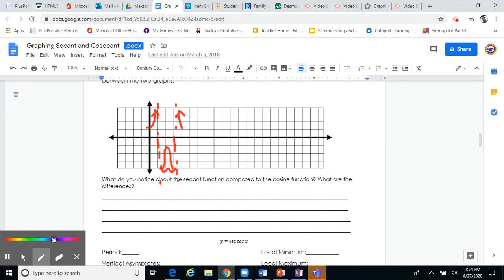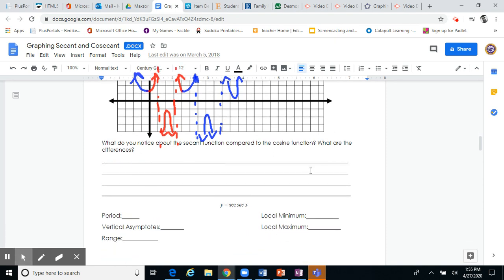And like I said, if we were to draw more than just one cycle, you would connect that and then make another asymptote, and then it would go down, asymptote, and then it would go up. But what I have drawn in red here is just one cycle for this function.